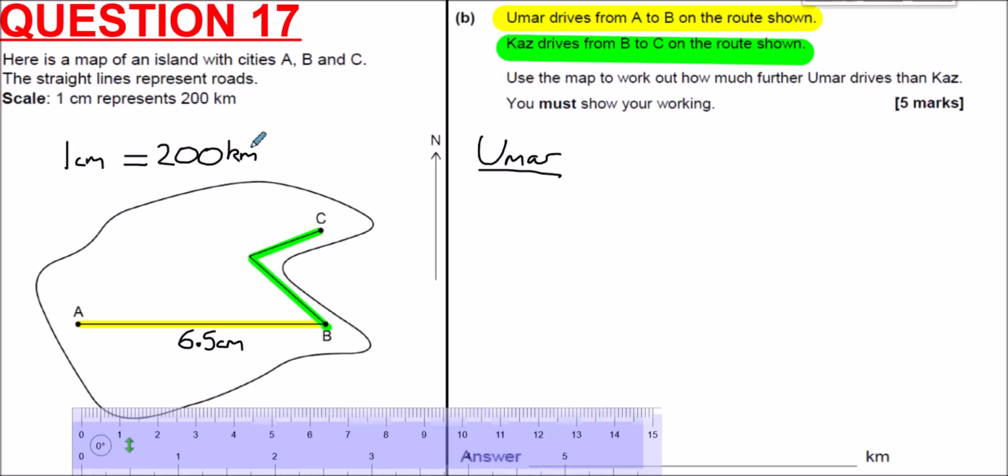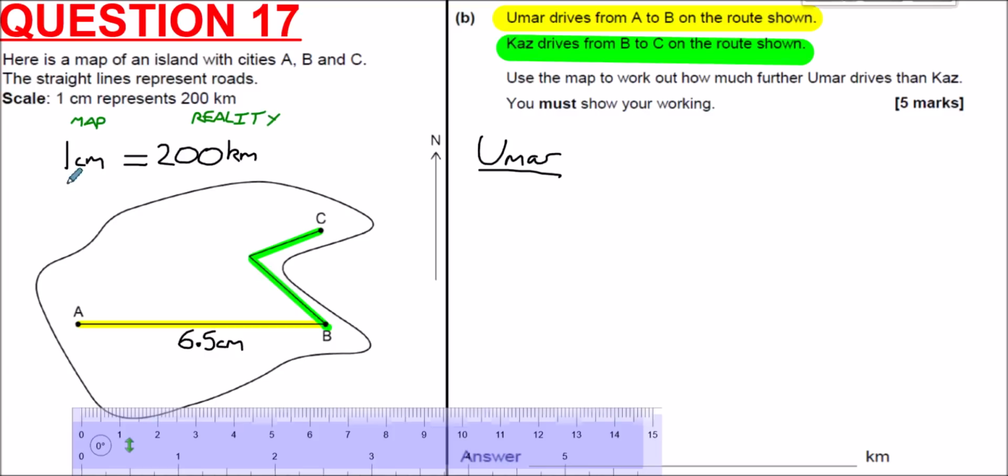We're comparing the map, which is going to be the smaller thing, and the real life distance, which is obviously going to be bigger than a map.